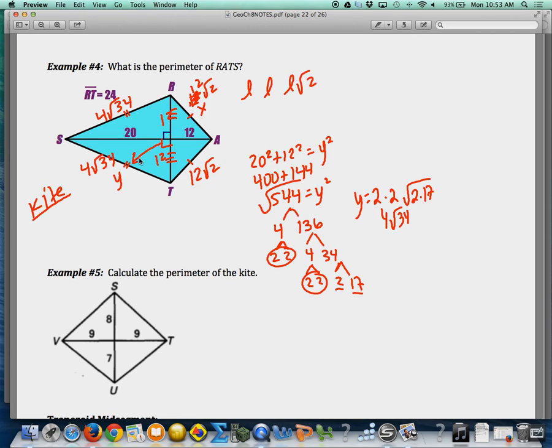Okay, ultimately the question was, what is the perimeter? So for perimeter, we have to add up all the sides. So we have 12 root 2 plus 12 root 2 plus 4 root 34 plus 4 root 34. Can I add all of these? Are they all like terms, all 4? No. Are you allowed to add these two?